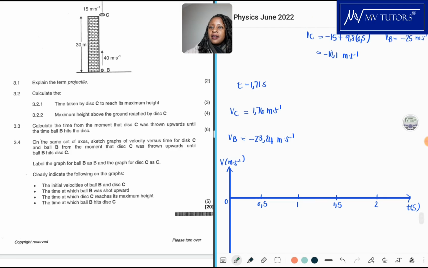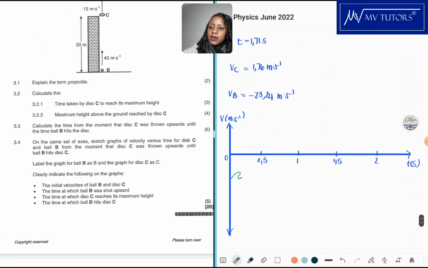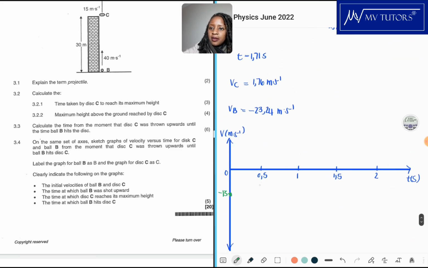Then we said at 0 seconds C was -15, so I'll just put -15 there. At 0.5 we had -10.1. This is not going to be to scale, but yeah, -10.1.